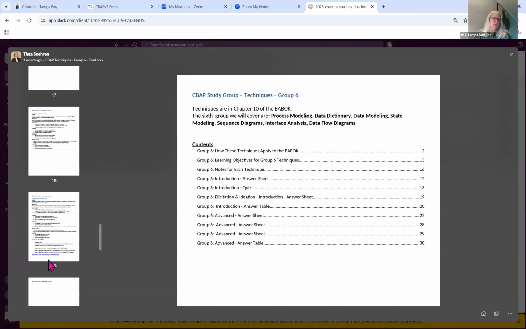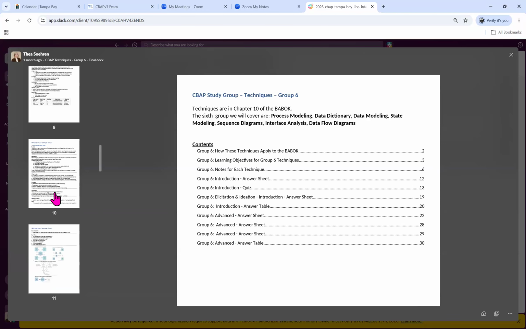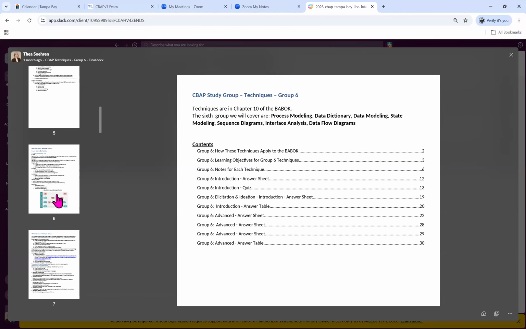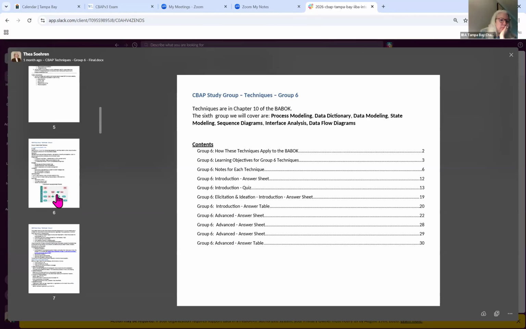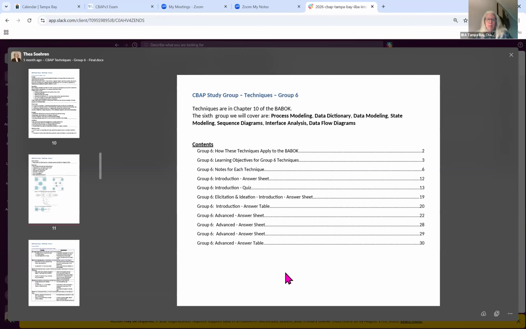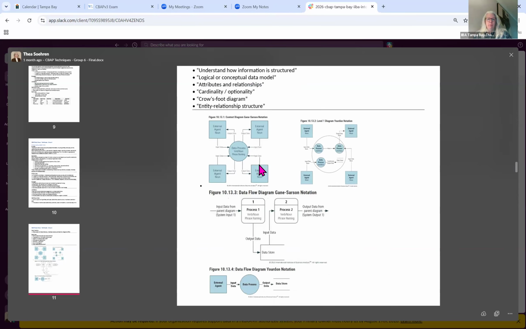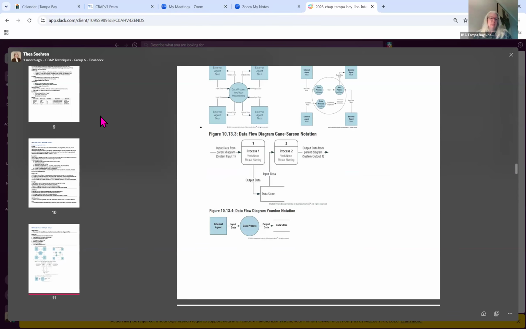I think I've got one in here. Here it is. So here's an example of a data model. I'll double check this because I'm not seeing the whole picture on this slide, and I want you to see the whole thing. So I will drop this in Slack for you later.